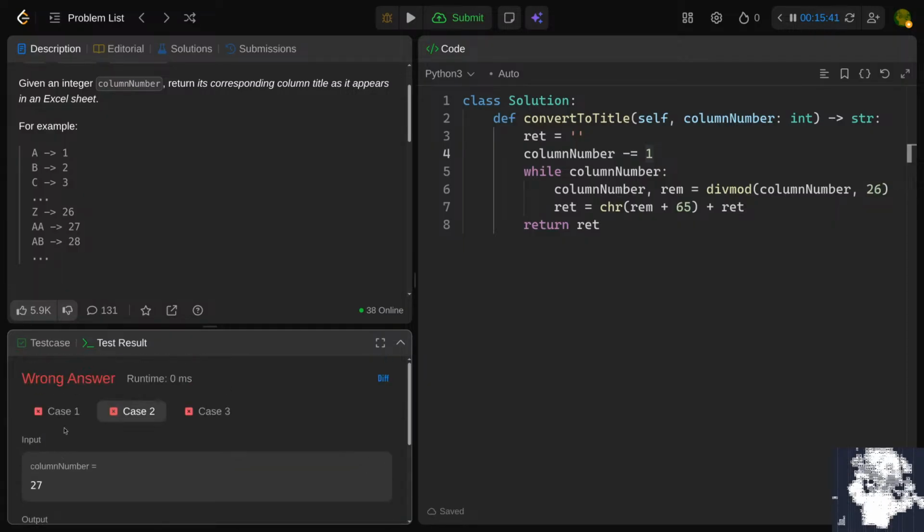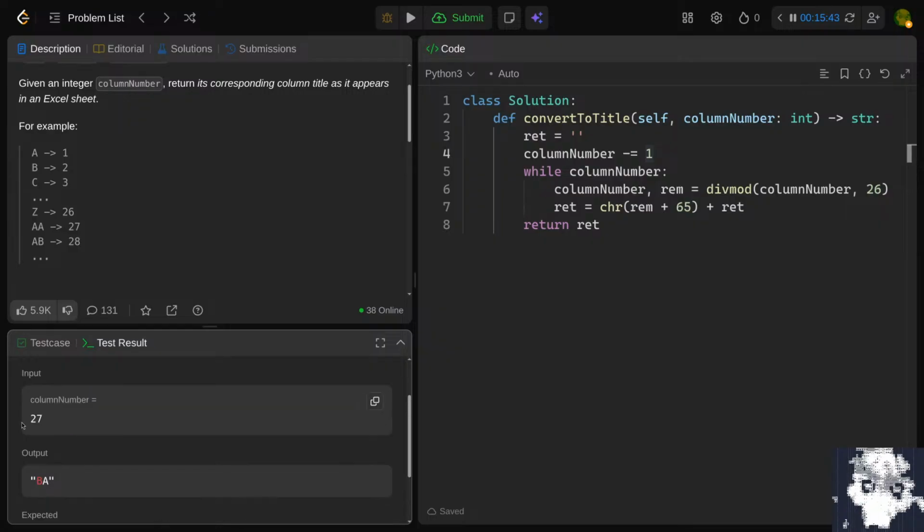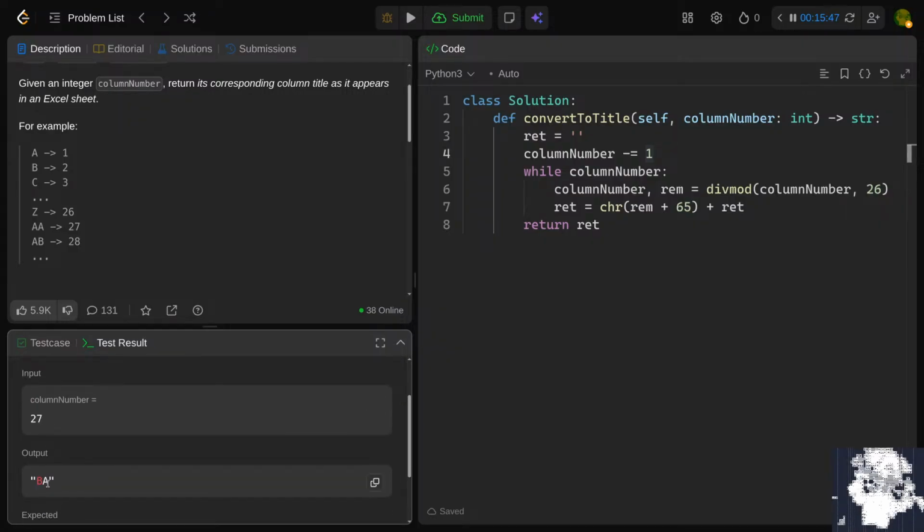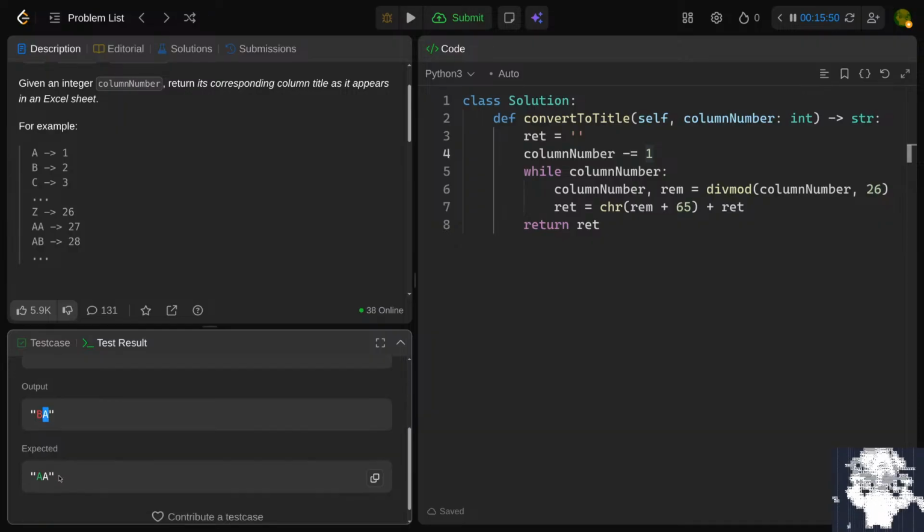Well, in this case, I don't know what I'm doing wrong. 27 mod 26 is 1, so we're putting an A here.